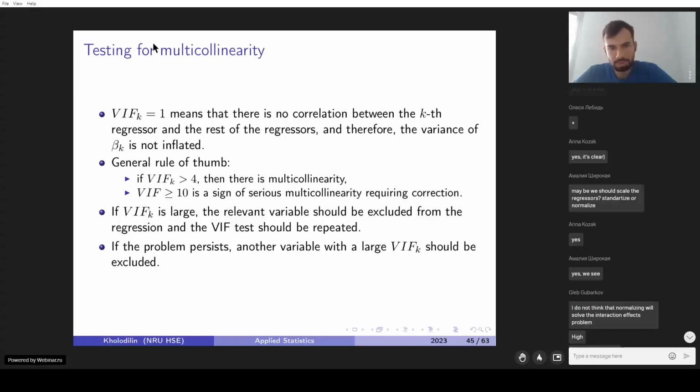And how you should think about this: if VIF is higher than 10, then it's a strong correlation, and you have to drop out this regressor.